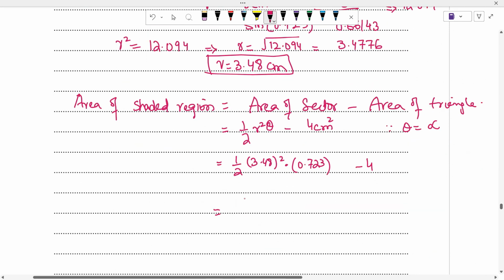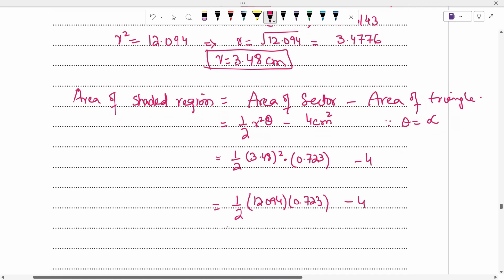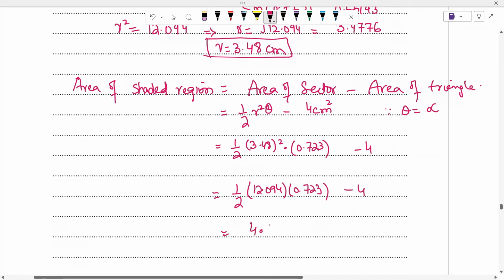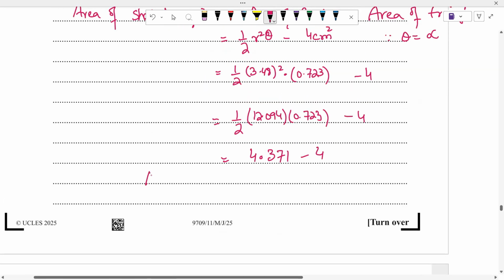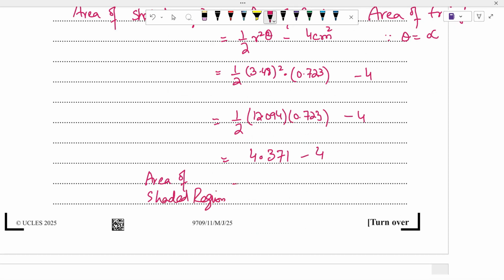Further solving, we will have 1 over 2 times 12.094 times 0.723 minus 4, and this is equal to 4.371 minus 4. So we have the area of shaded region equal to 0.371.